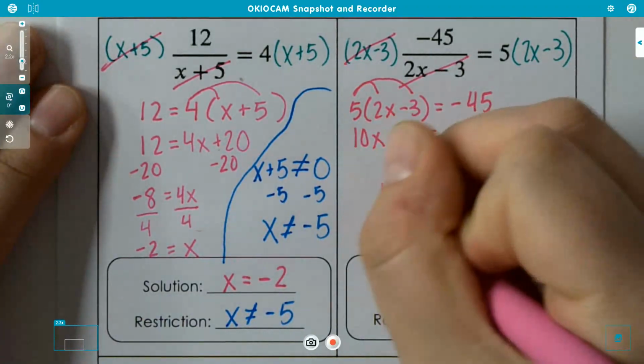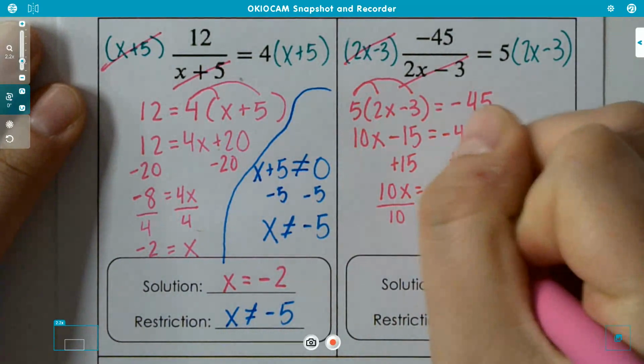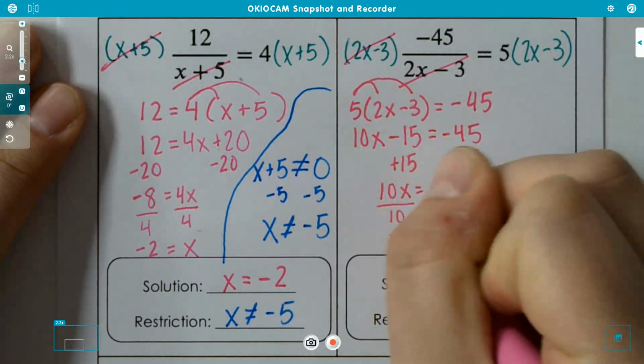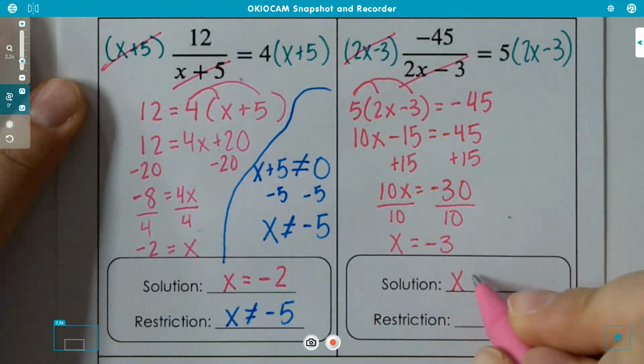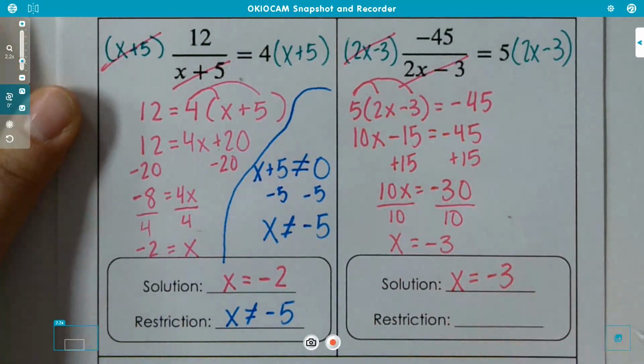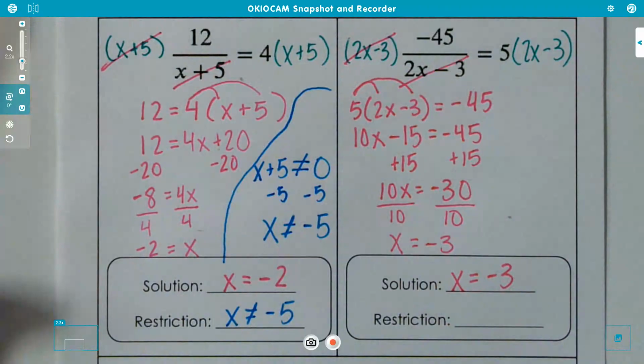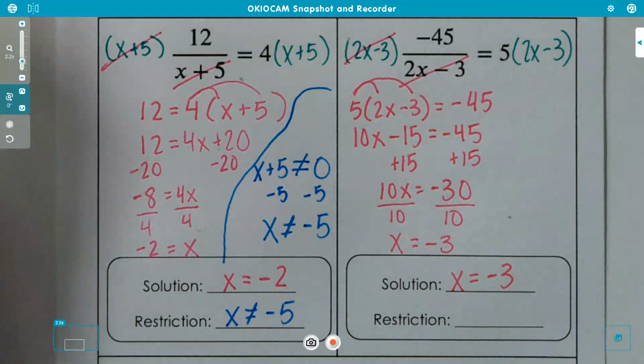And I divide both sides by 10. I get x equals negative 3. So that is my solution. Okay. Any questions about solving for the solution?